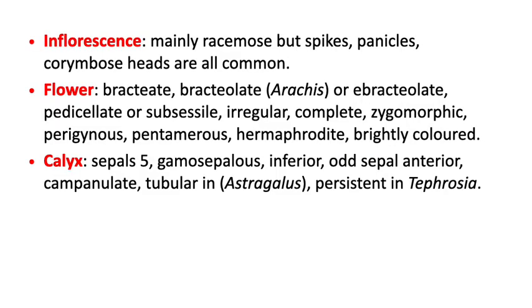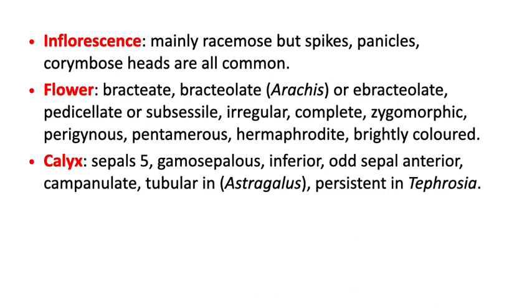Now, the floral characters. Inflorescence is mainly racemose, but spikes, panicles, corymbose heads are also common. Flower is bracteolate in Arachis or ebracteolate, pedicellate or subsessile, irregular, complete, zygomorphic, perigynous, pentamerous, hermaphrodite, brightly colored.